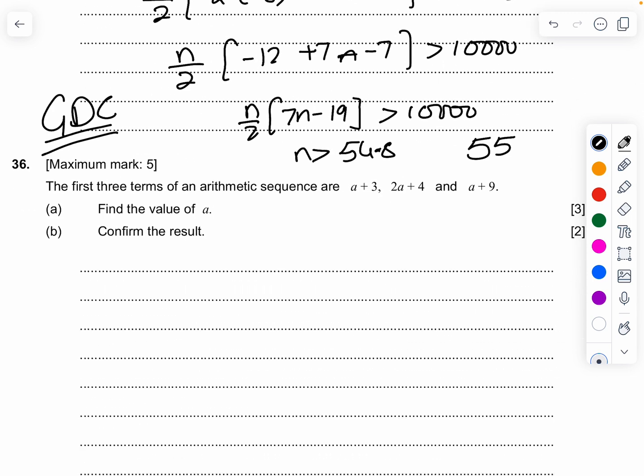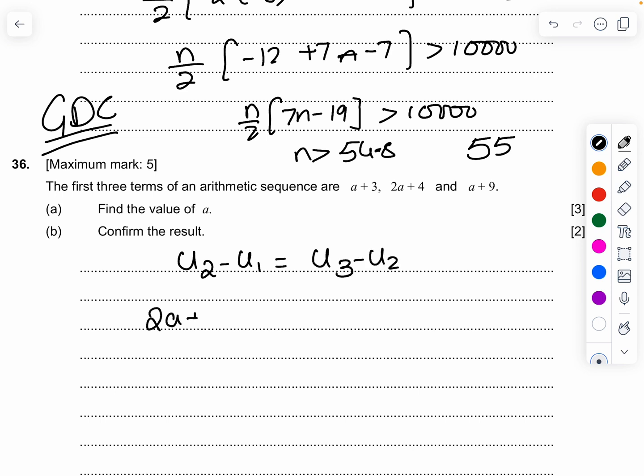Question number 36. The first three terms of an arithmetic sequence are given. Find the value of a. So what is the meaning of that? The second term minus the first term is the same as the third term minus the second term.